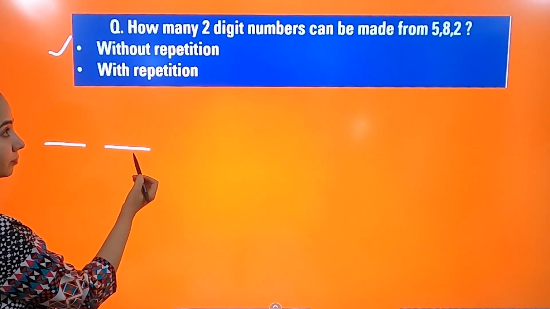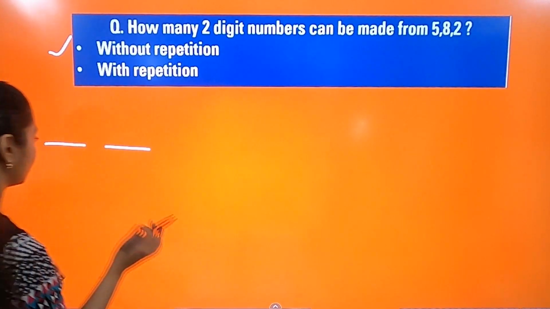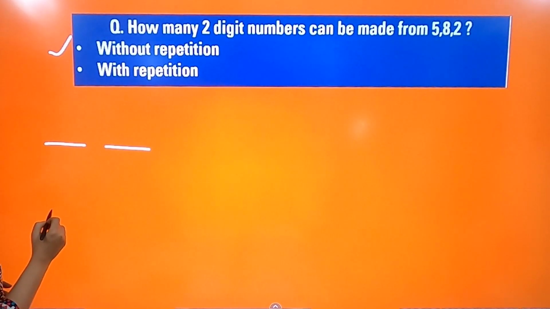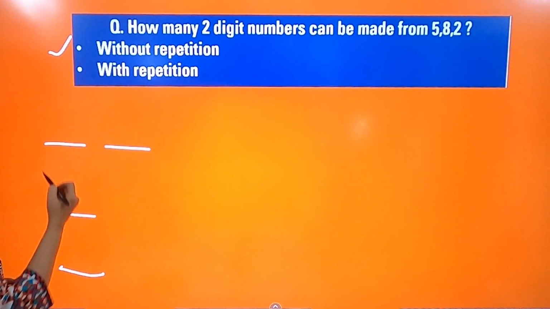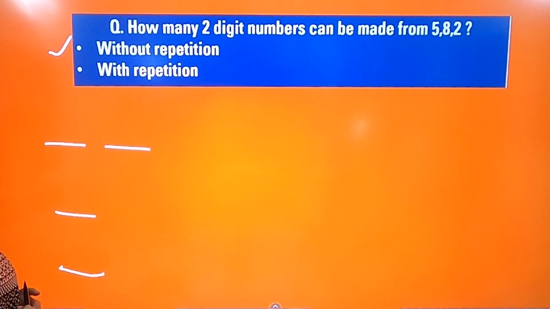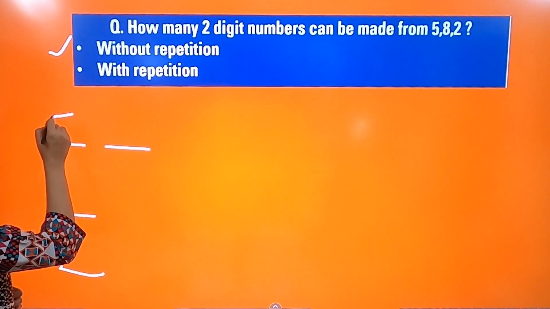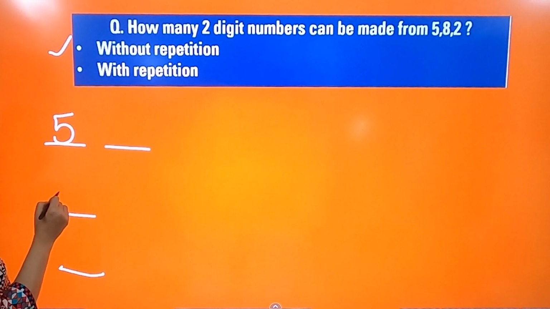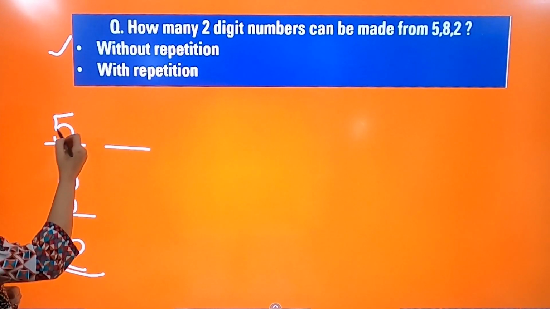So we'll start from here. 2-digit number, and the digits are 5, 8 and 2. So this is the first place. How many possible options do I have for the first place? I have 3 options. I can use 5 for the first place, 8 or 2.